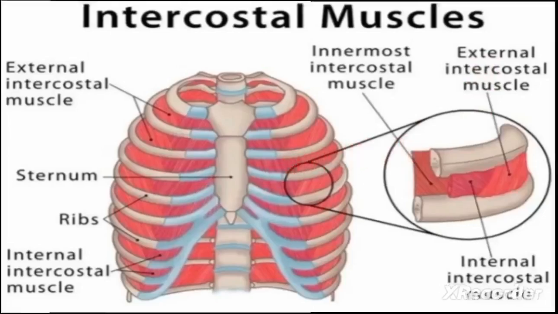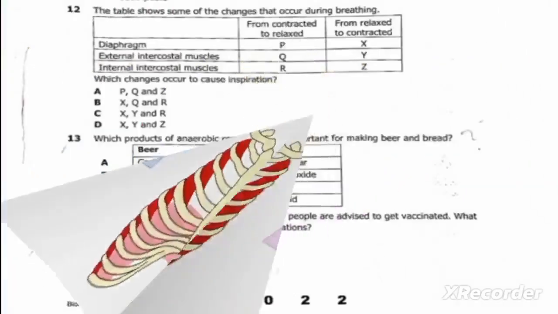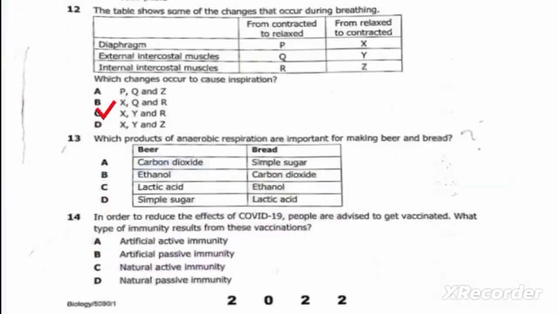So what will happen to these muscles during inspiration? During inspiration, the external intercostal muscles would contract. The diaphragm also contracts. Therefore, our correct answer is C.